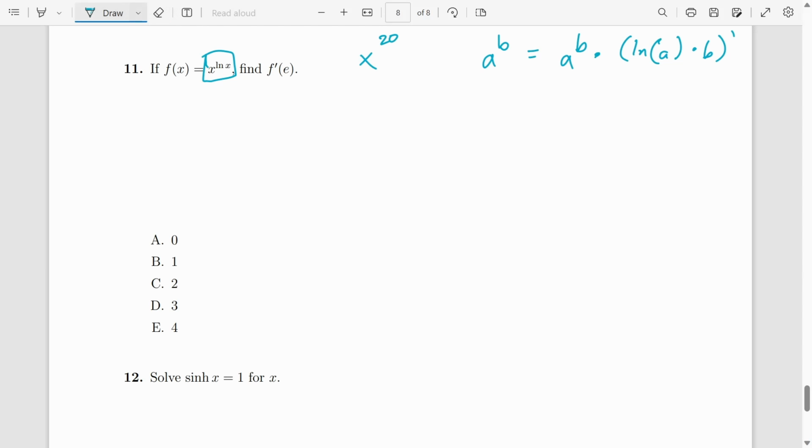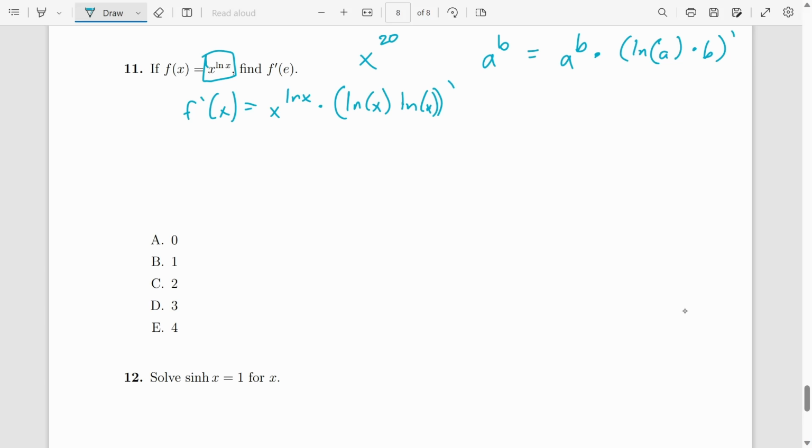So when we follow that, f prime of x equals a to the power of b, which is just the original, x to the ln x, times the derivative of ln x times the top, which is also ln x.